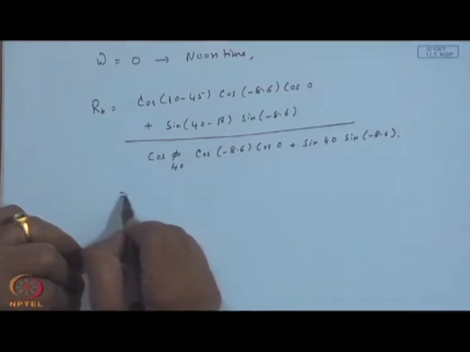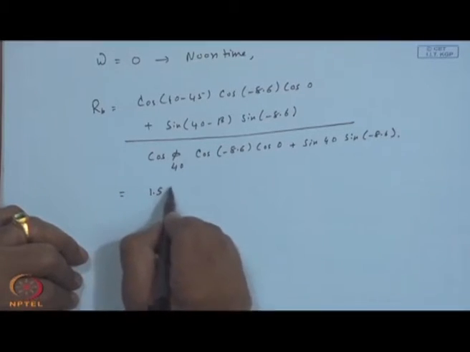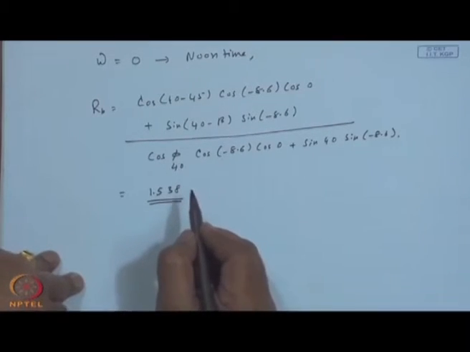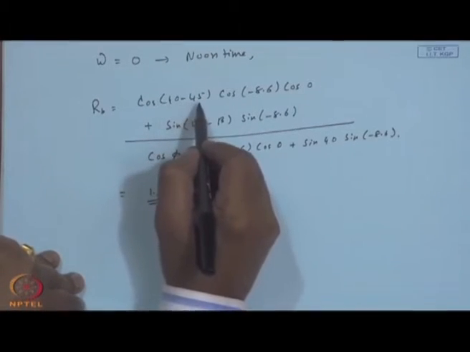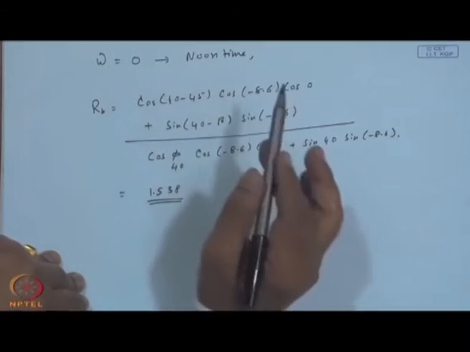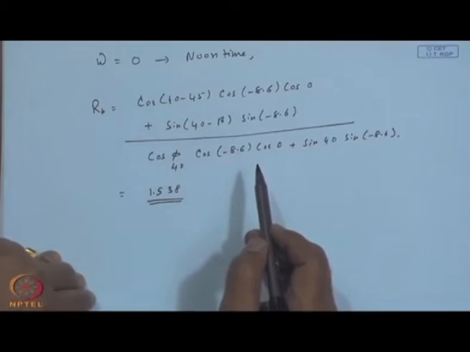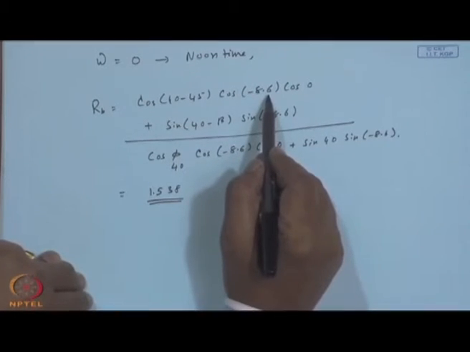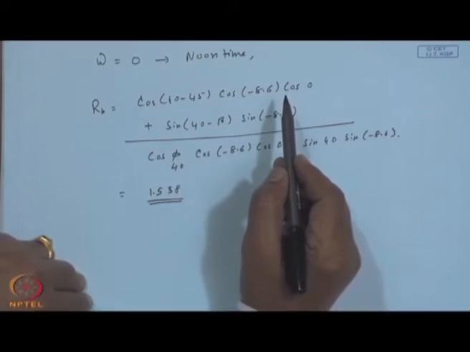This comes to 1.538. Now, you will find that beta is close to 40, omega is of course noon time, the best south oriented surface, and the declination is pretty low in the sense that it is close to equinoctial days.